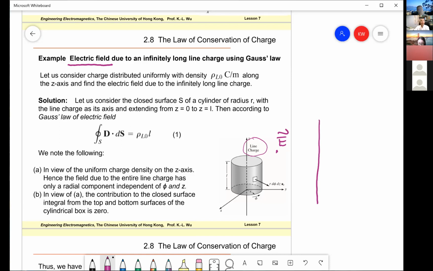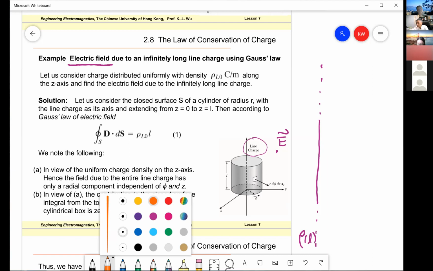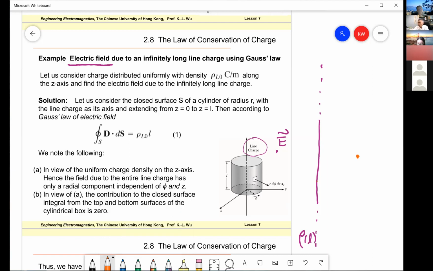So in this case, let's say we have an infinitely long line charge. If we look at, say, a symmetrical case, and this point is what we are interested in, then according to Coulomb's law, this is a partial field generated by this very small section dl.